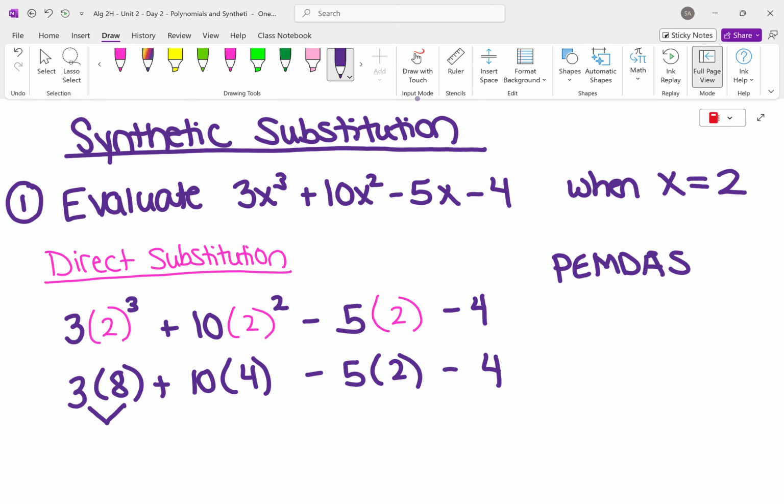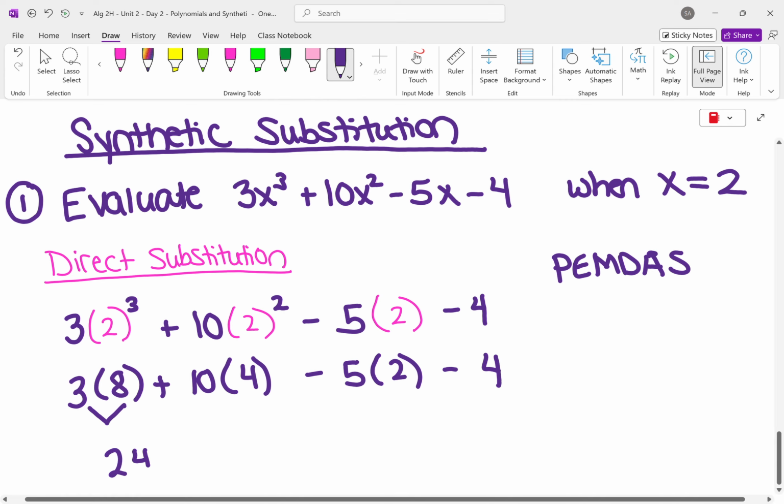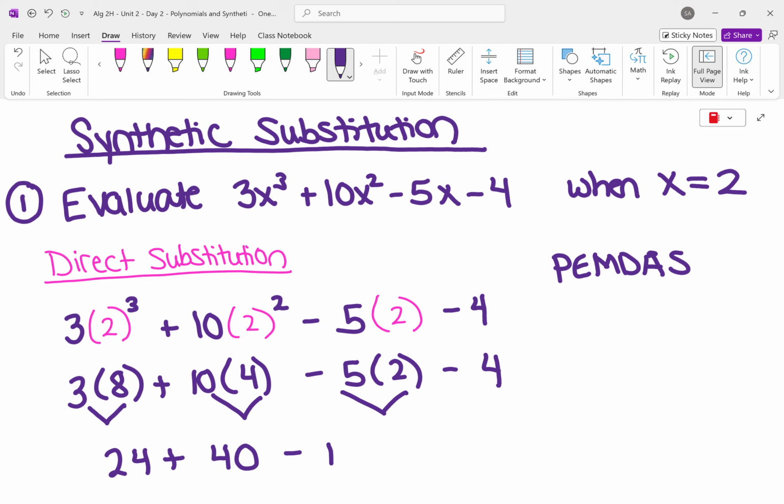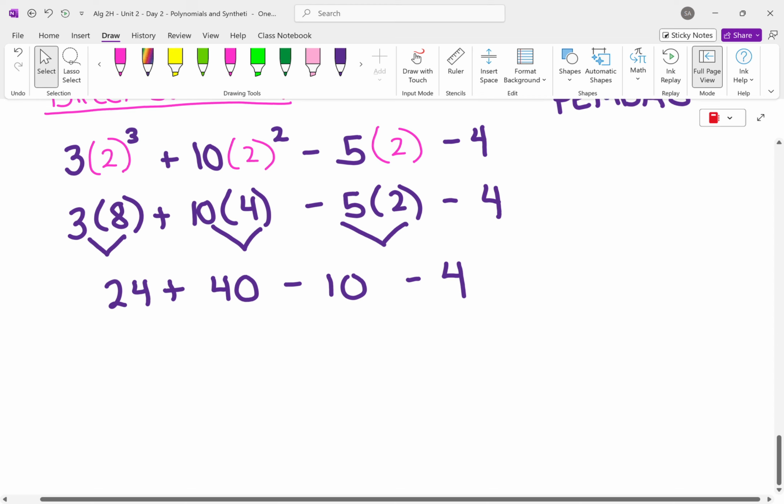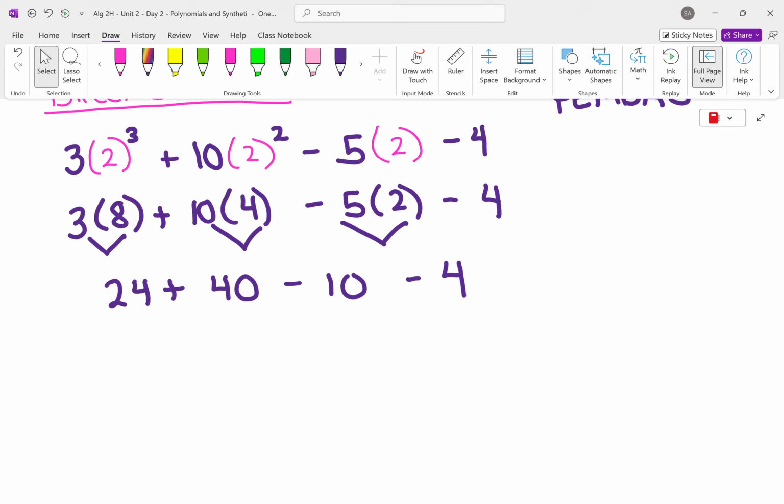And now that we simplified our exponents, now we're going to go into our multiplication. So 3 times 8 is 24. 10 times 4 is 40. Negative 5 times 2 is a negative 10. We have minus 4. So here I can add and subtract in any order.